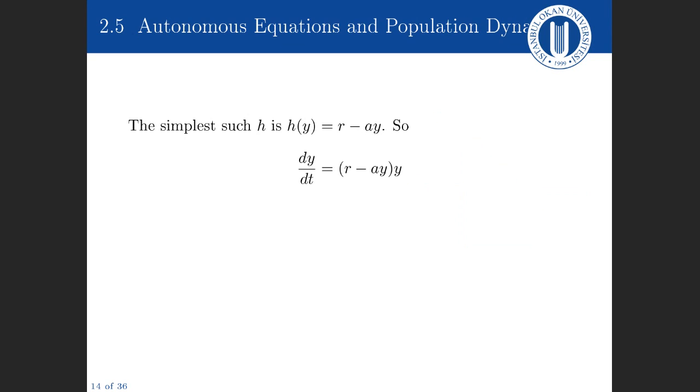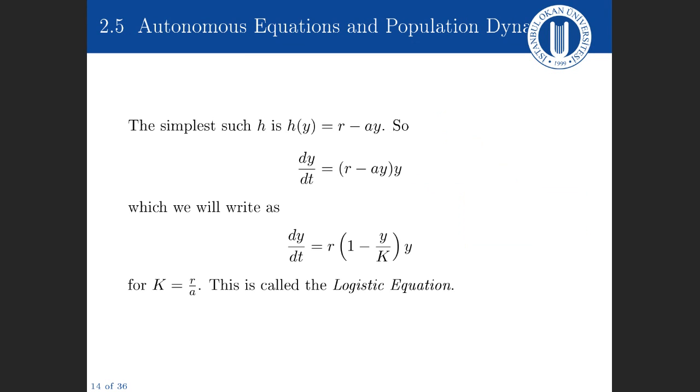So our differential equation becomes dy/dt is equal to (r minus ay) multiplied by y. Or we can divide by a and write this as r multiplied by (1 minus y over k) multiplied by y, where k is a new constant equal to r divided by a. This equation, boxed in orange, is called the logistic equation.